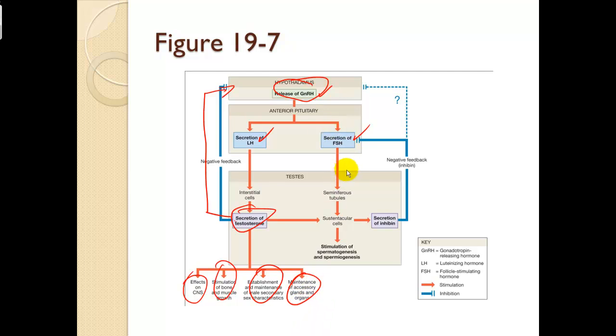Follicle stimulating hormone, seminiferous tubules, testicular cells, stimulation of spermatogenesis and spermiogenesis. Whenever that has created enough, secretion of inhibin, which kind of puts the shutdown on follicle stimulating hormone, and also on gonadotropic releasing hormone. So negative feedback systems are throughout the body.